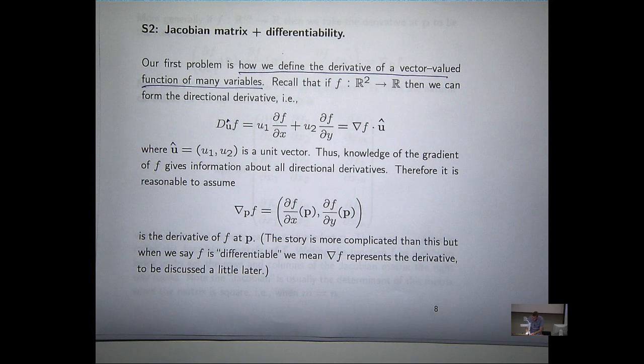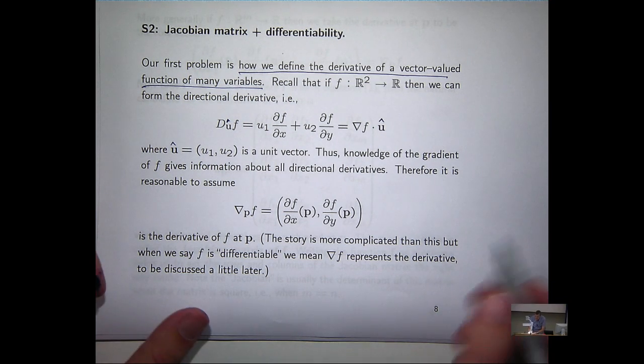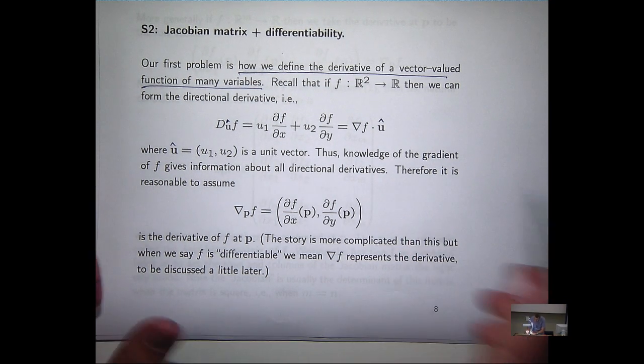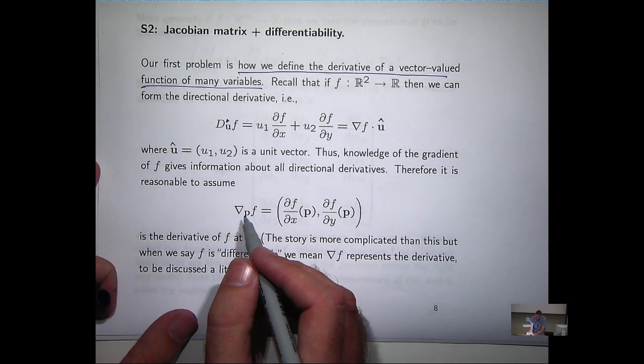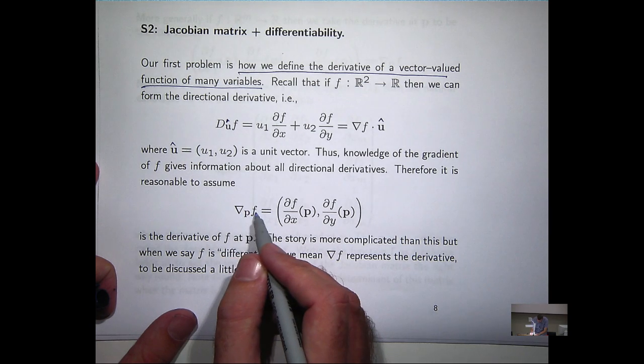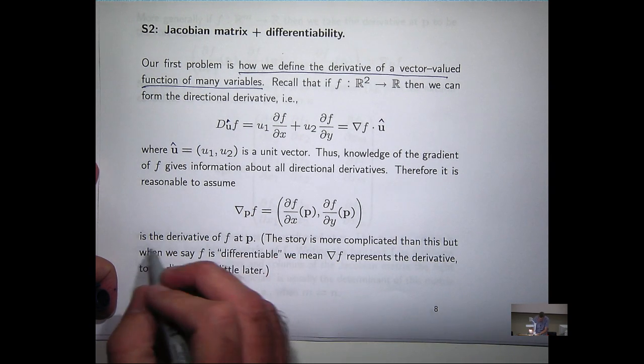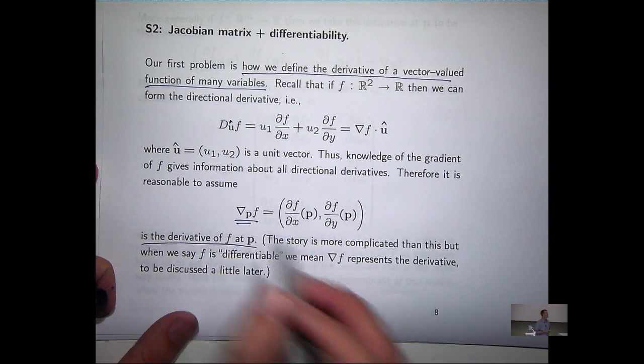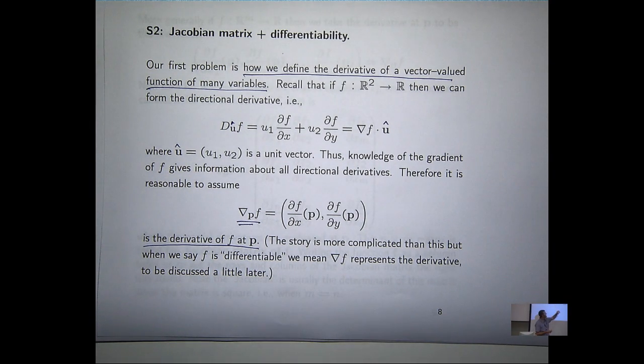Based on this assumption, it's reasonable to assume that the gradient of f evaluated at p is the derivative of f. Now this is just, say, in this example, a function of two variables. So that's kind of a little leap.